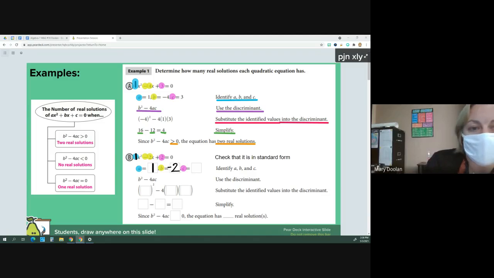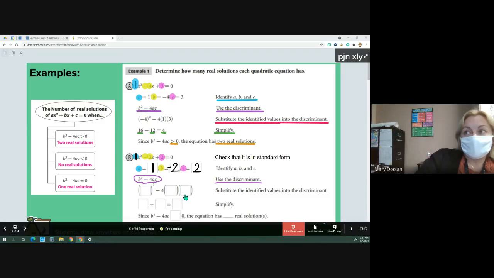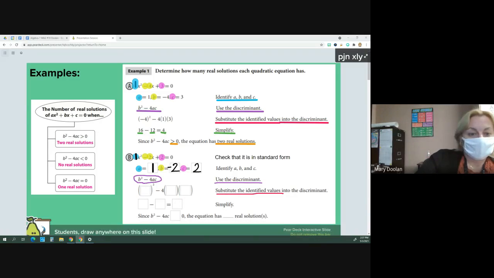In this case, it is plus 2. All right, now we're going to use the discriminant. That's next. To use the discriminant, that's this thing right here, b squared minus 4ac. And so we're just going to substitute in the different values into it. All right, replace the B with negative 2. We're going to replace the A with 1. Replace the C with 2.